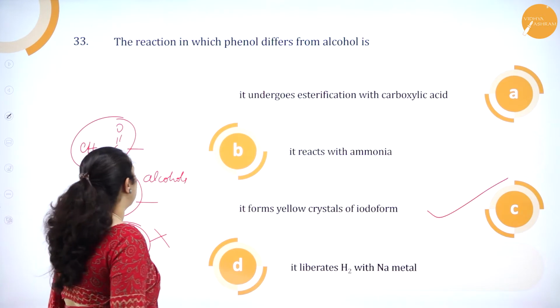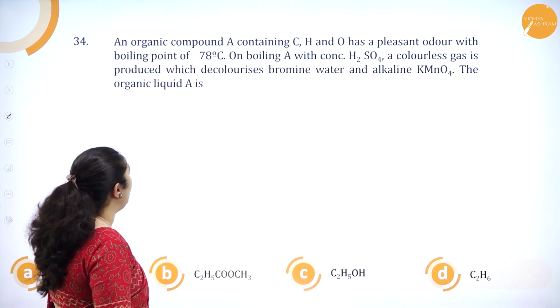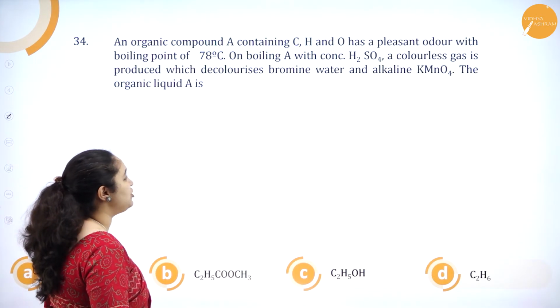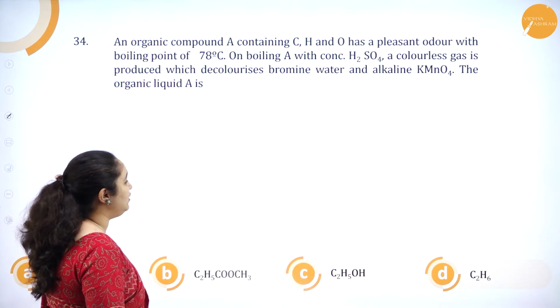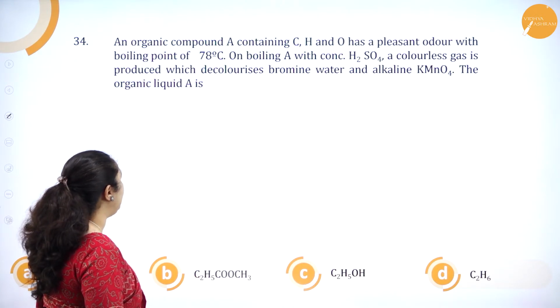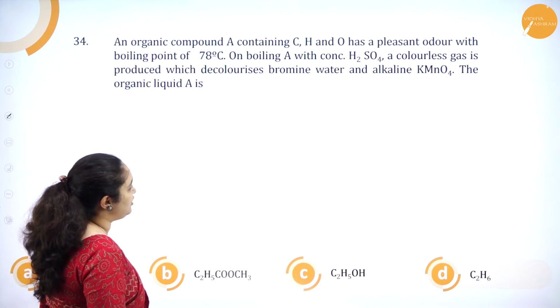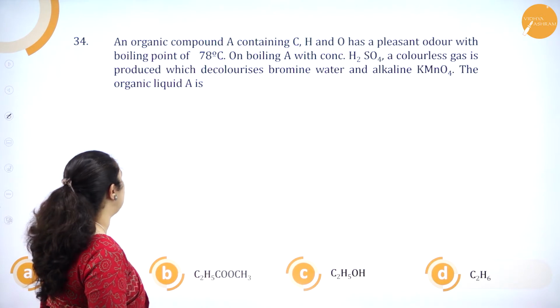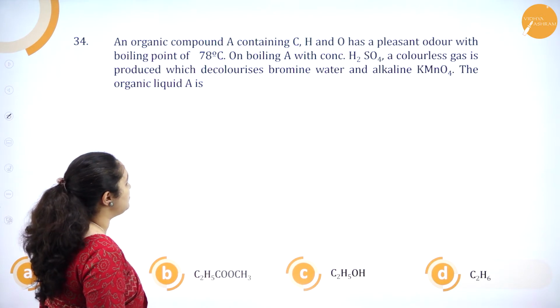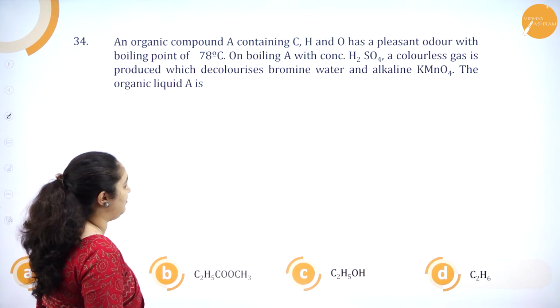Okay. Next question. An organic compound A containing C, H and O has a pleasant odor with a boiling point of 78 degrees Celsius. On boiling A with concentrated H2SO4, a colorless gas is produced which decolorizes bromine water and alkaline KMnO4.